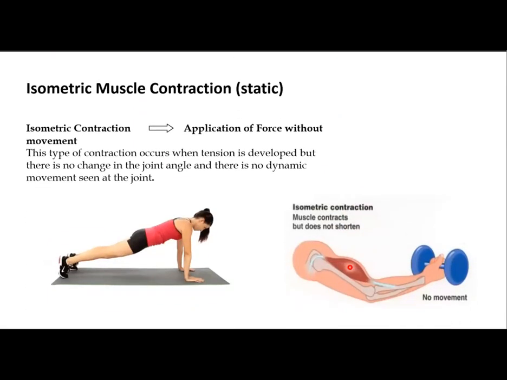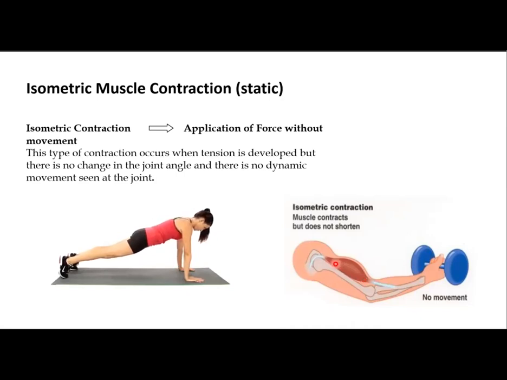The second one is an isometric muscle contraction. That means when you're doing a plank, you are holding, your muscle is contracting, but there is no movement, okay? This is called isometric muscle contraction. It's also called static. For example, when you do a plank or a wall squat, that is also isometric muscle contraction.